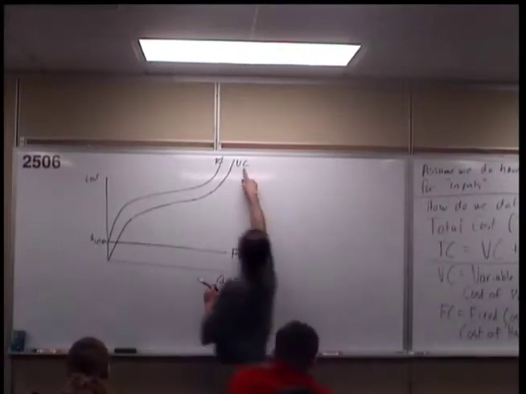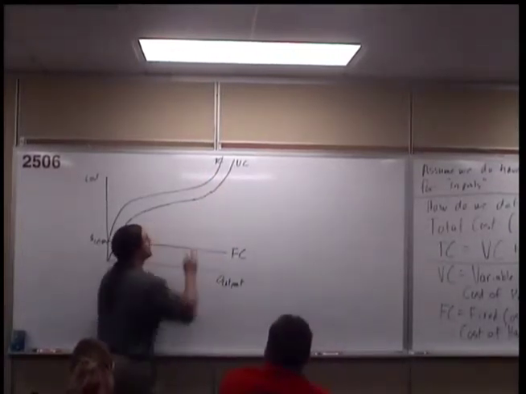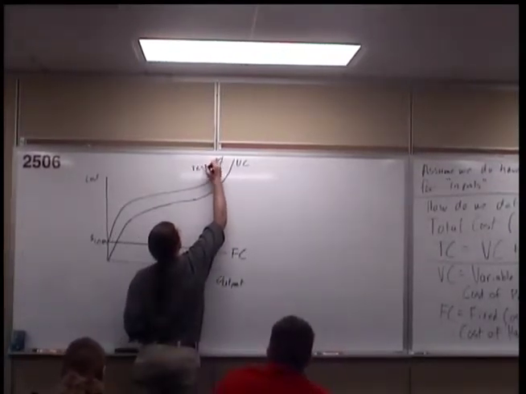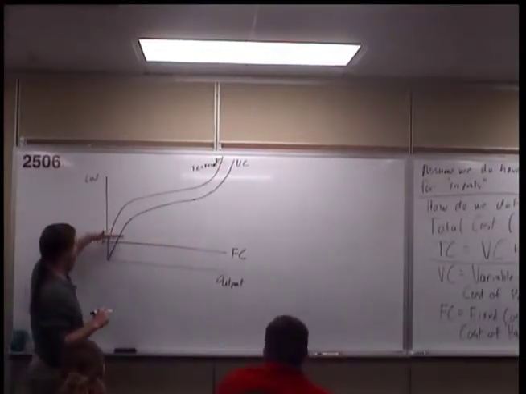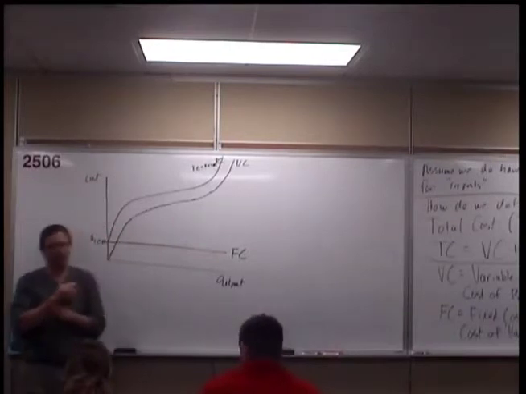This is fixed cost, this is variable cost, this is total cost. So total cost is fixed cost plus variable cost. All you're doing is taking this line and shifting it up by whatever the fixed costs are.